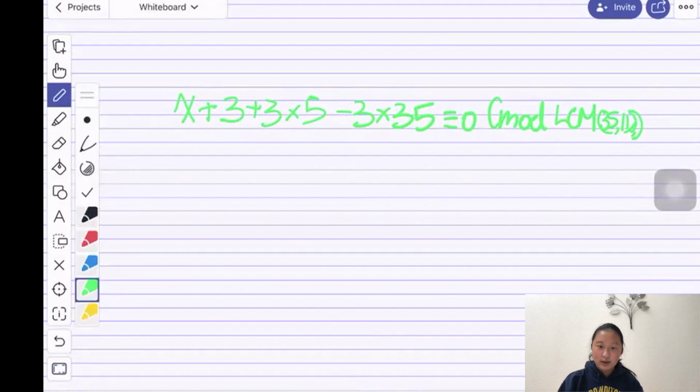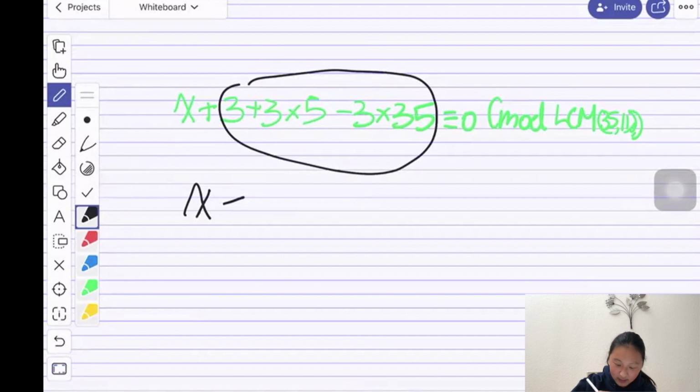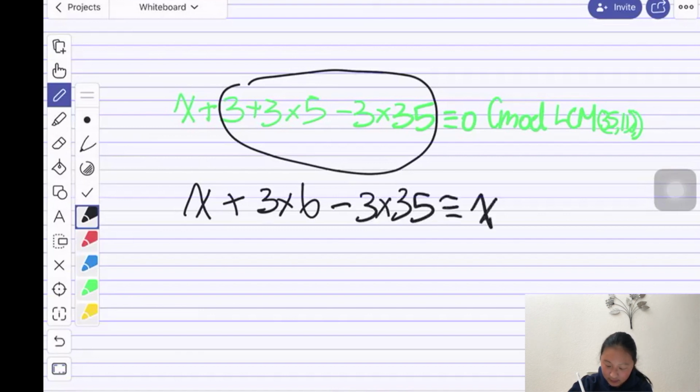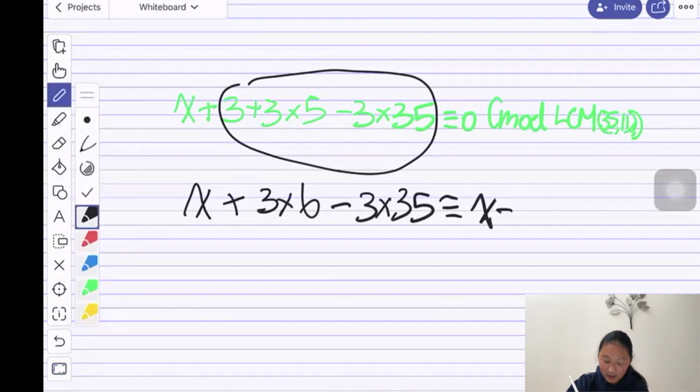Okay, now let's simplify. Remember, this part we can rewrite as x minus 3 times 6 minus 3 times 35, and we can rewrite this as negative 87.